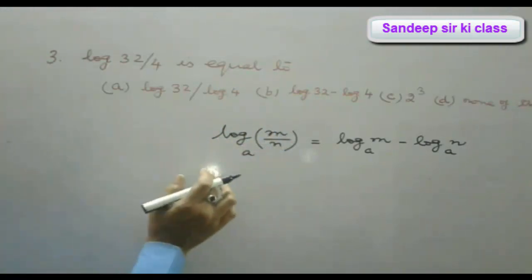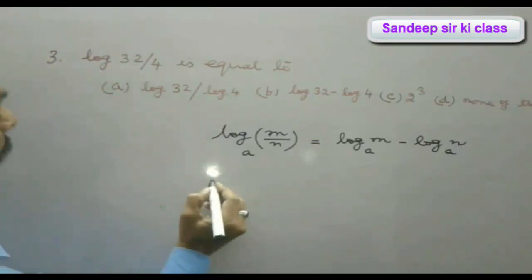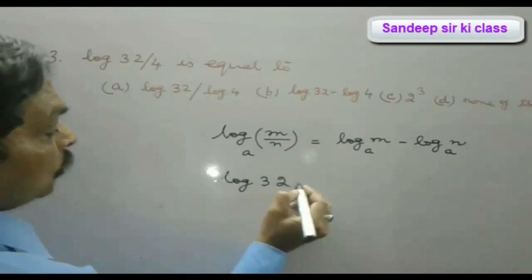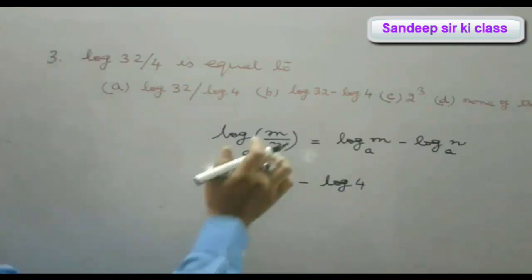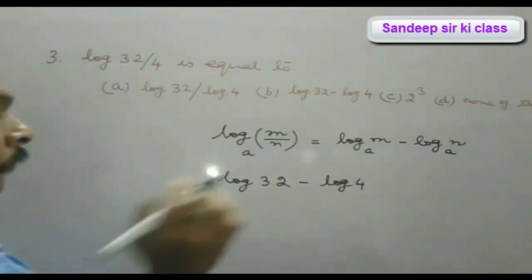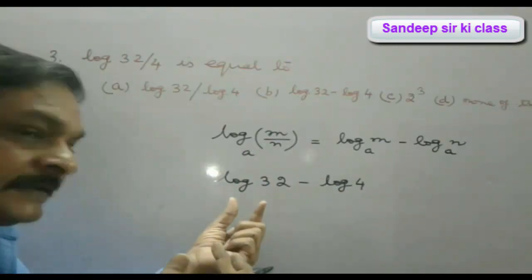Now with this rule, if I am to find the value of log 32 upon 4, then this will be log of 32 minus log of 4. M here is 32, n here is 4, base is not given, base we have taken as 10.